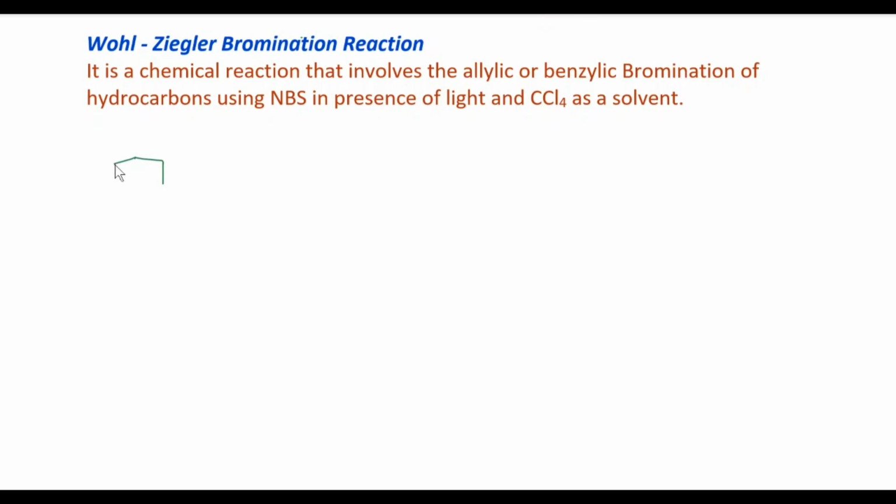So take an example of this reaction. When this toluene reacts with NBS in presence of light and CCl4 as a solvent, we get benzyl bromide as a product.